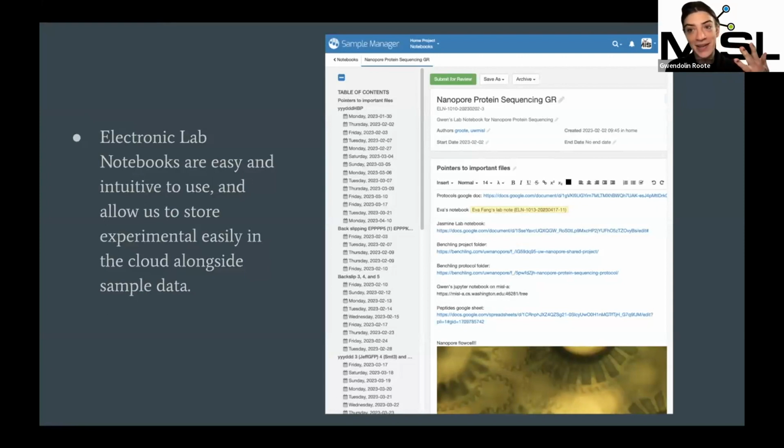Don't tell our Microsoft people, but it's not the greatest tool for really robust electronic lab notebook software. Sample Manager, on the other hand, has a lot of aspects to it that make it really valuable to us doing kind of this basic research sort of thing.